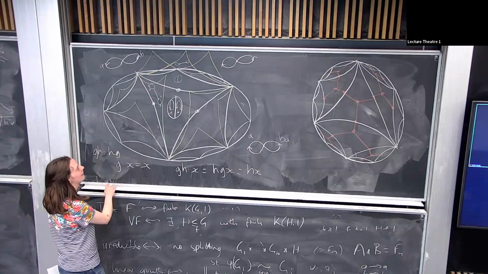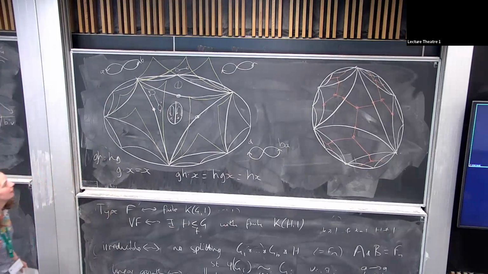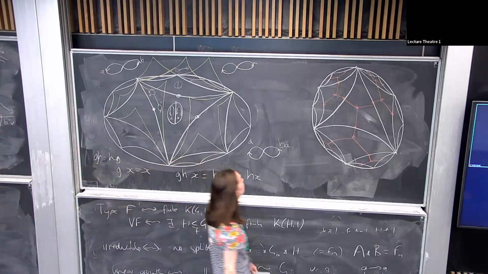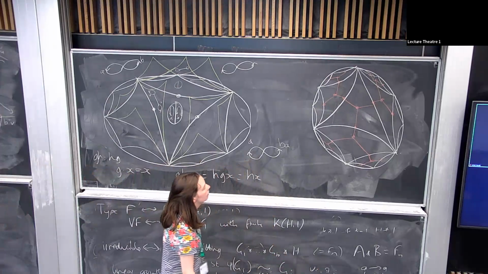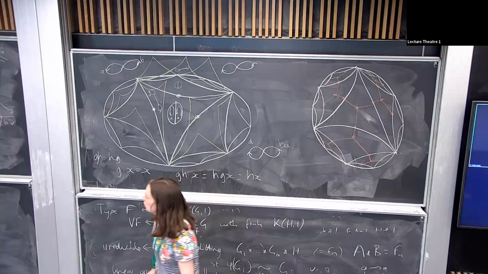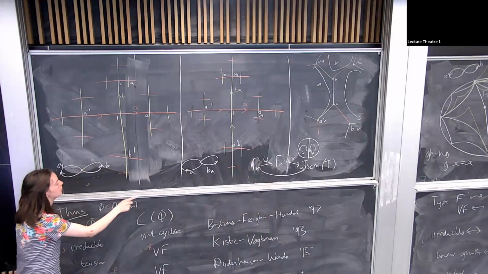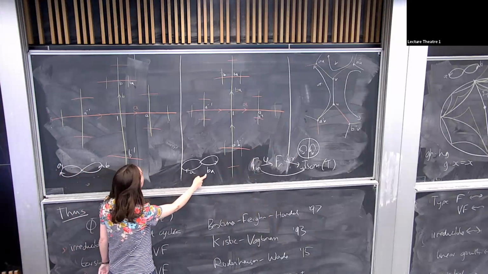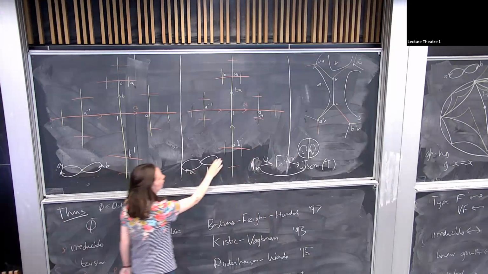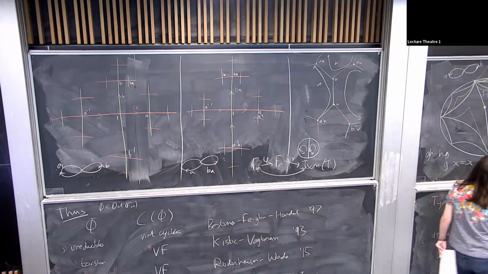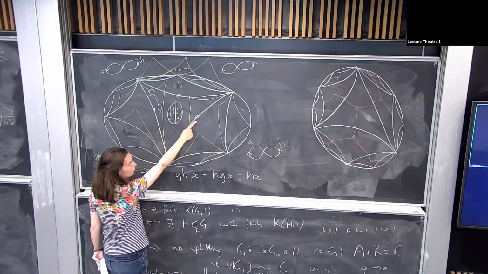Where's an outer automorphism? So, it moves along this dual tree. In fact, it moves the opposite of the one you think, for rotating reasons. So B goes to BA inverse, which moves from this action to this action, which is moving from this point here to this point here.